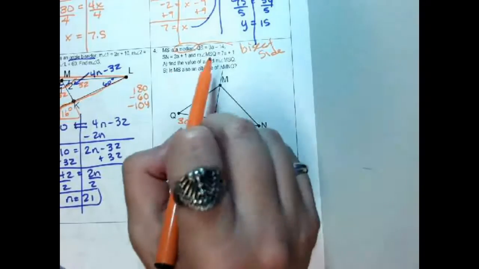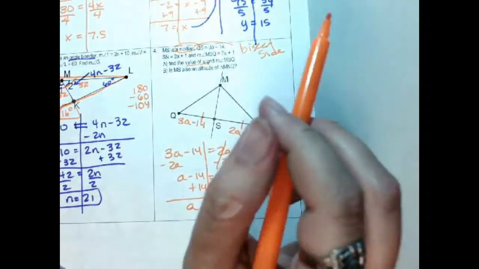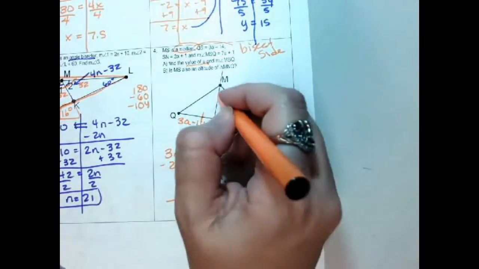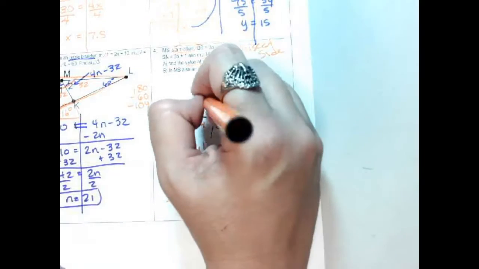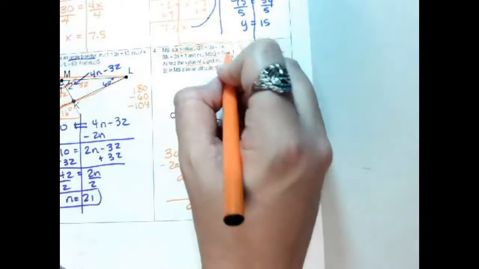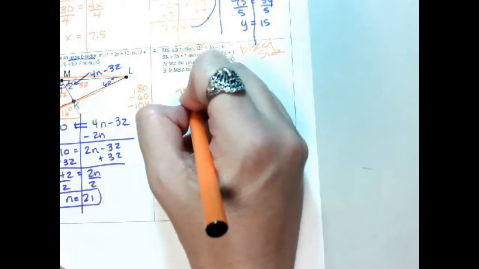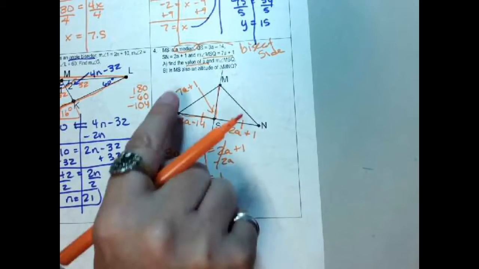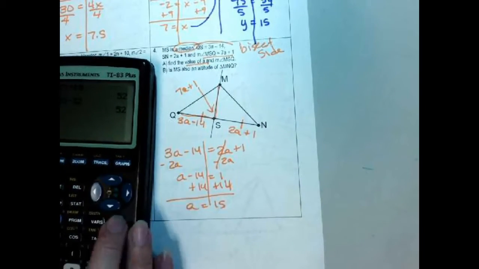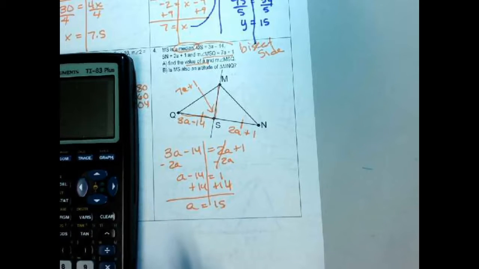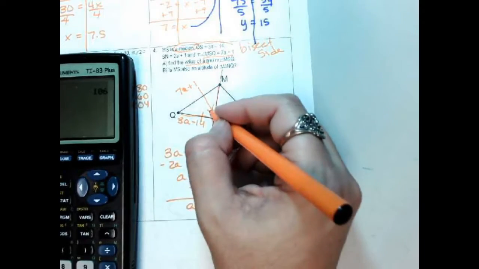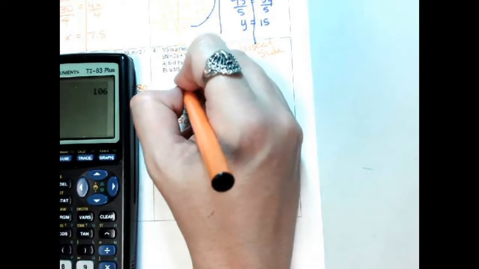But what does it ask me? It says find the value of A and the value of MSQ. Okay, well MSQ, oh, they told me right here, MSQ, this one that they're asking about is 7A plus 1. So I just need to plug the A in here. So I'm going to grab my calculator. 7 times 15 plus 1. And I get that this angle right here is 106 degrees.